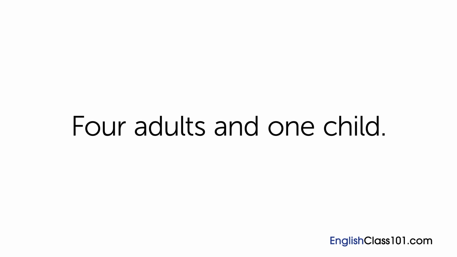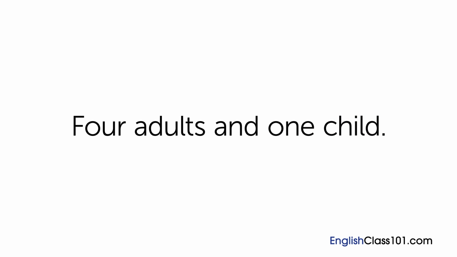First is the phrase 4 adults. Next is the word and. And last is the phrase 1 child. Together, it's: 4 adults and 1 child.